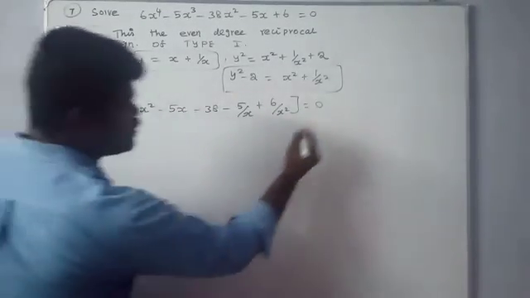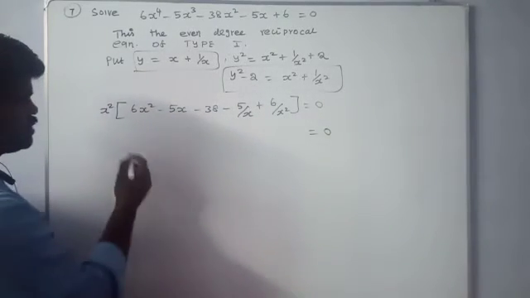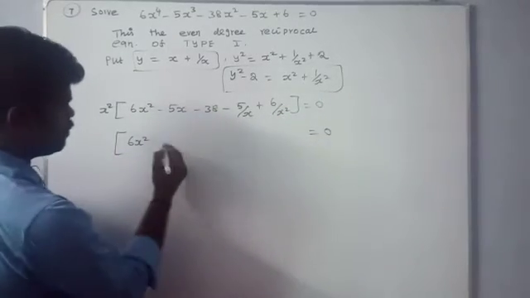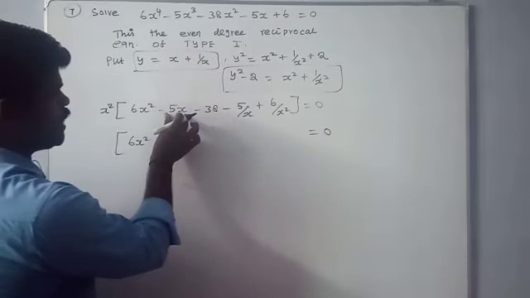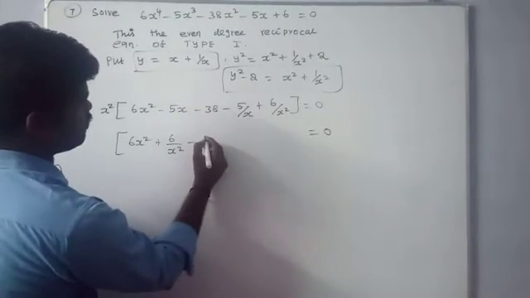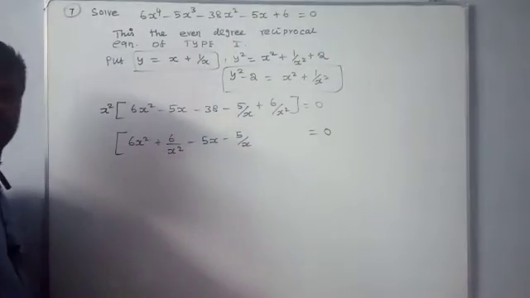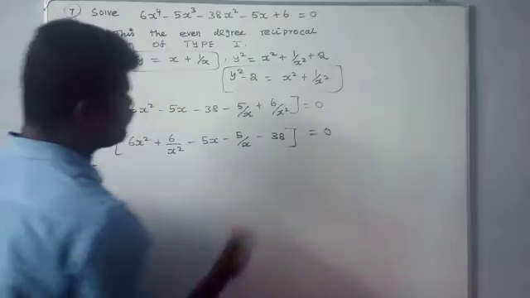We divide by x square to that side, so here the answer is 0, and we arrange these terms. 6x square is there, and plus 6 by x square. Another term, minus 5x minus 5 by x, and minus 38 is there.